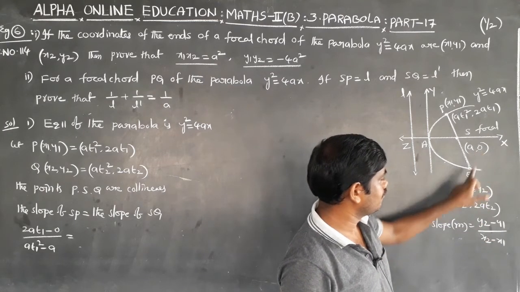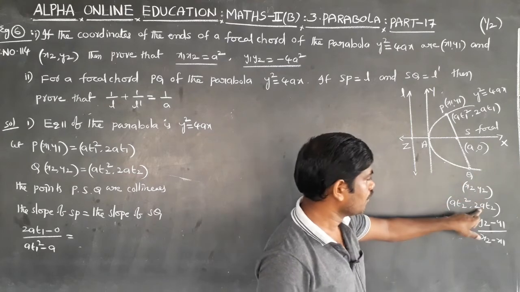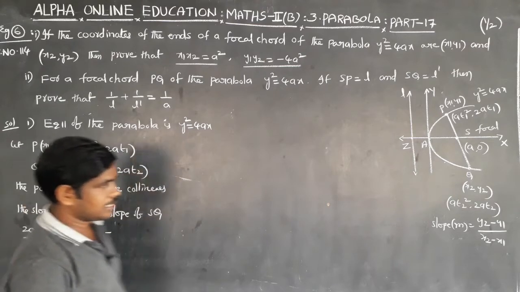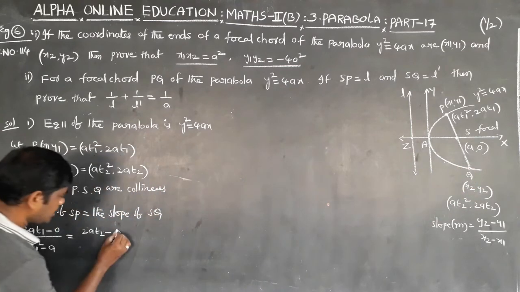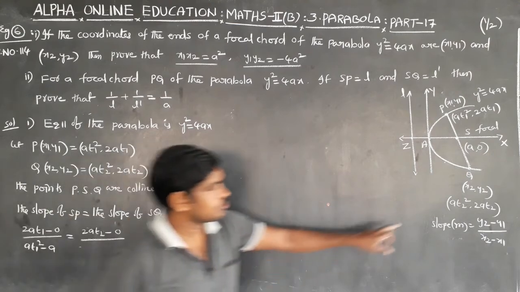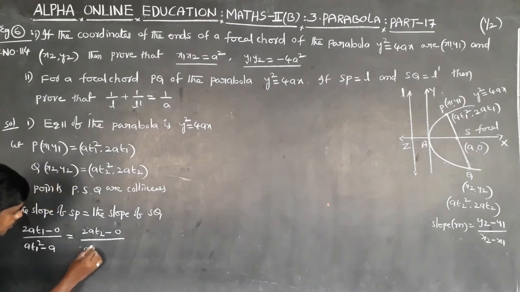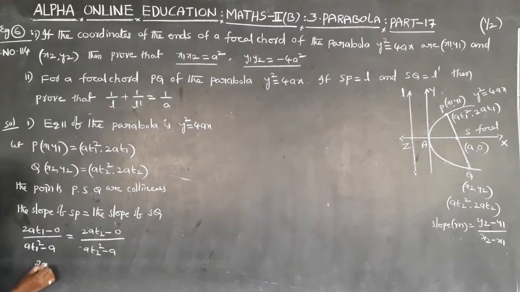Slope = (y2 - y1)/(x2 - x1) = (2at2 - 0)/(at2² - a). Here in the first, 2a common, t1² - 1; and in the second, 2a common, t2² - 1.